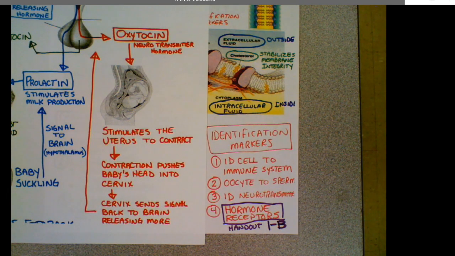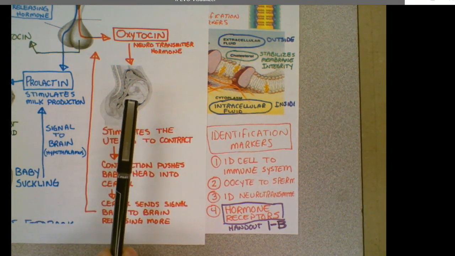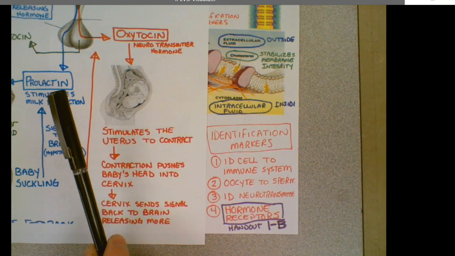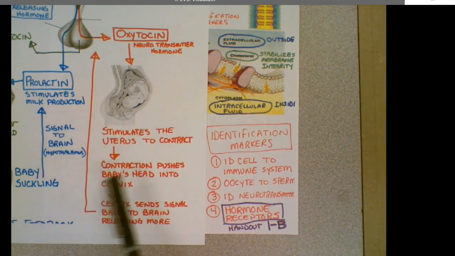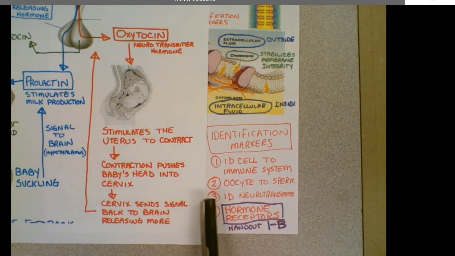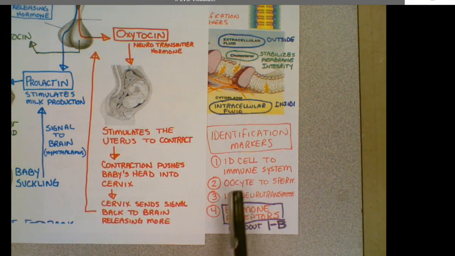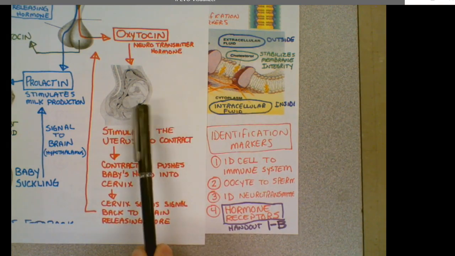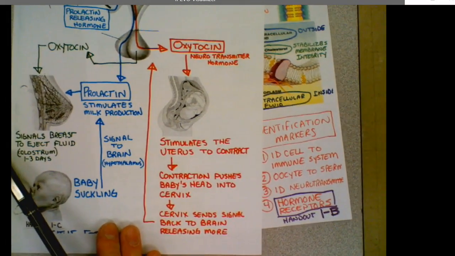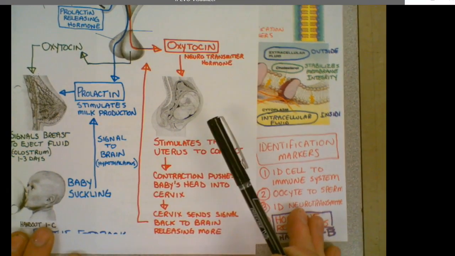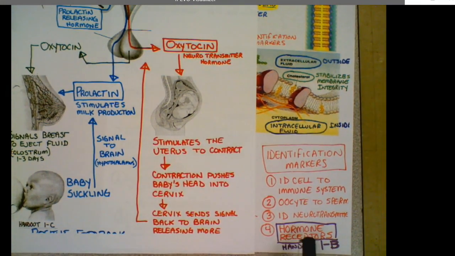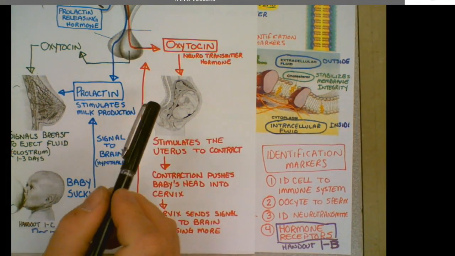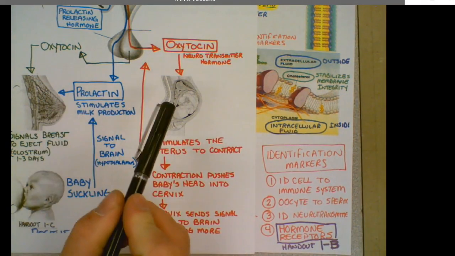So when oxytocin is flowing through the bloodstream, it's not affecting our stomach or our esophagus or the pancreas or the liver, because those organs and tissues don't have the hormone receptor. The uterus, on the other hand, and our mammary glands, they have the oxytocin hormone receptor. So they are affected by oxytocin.